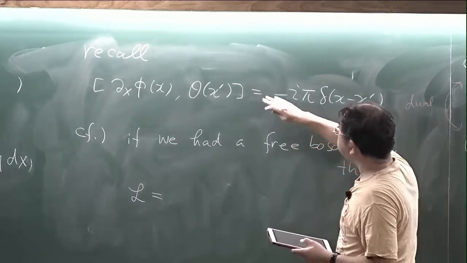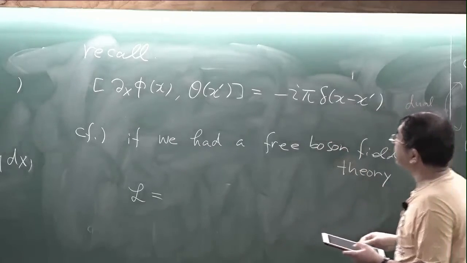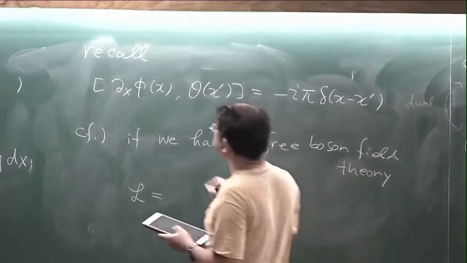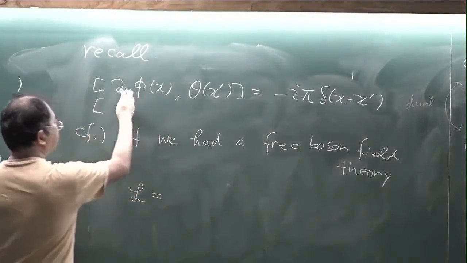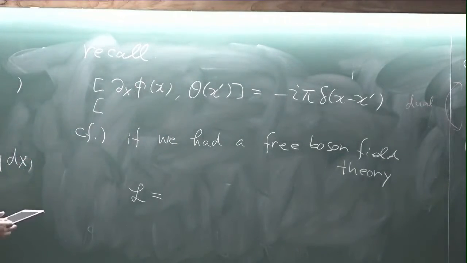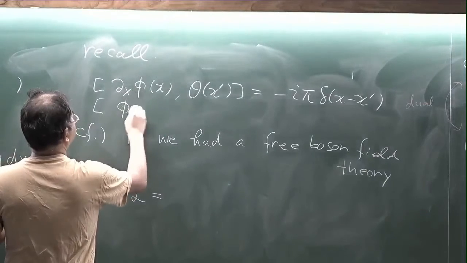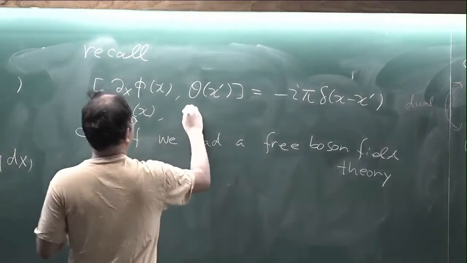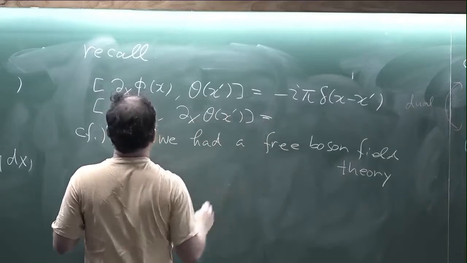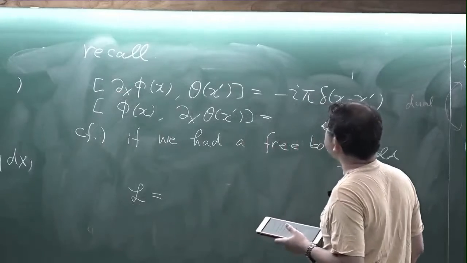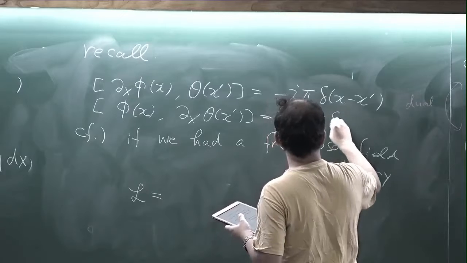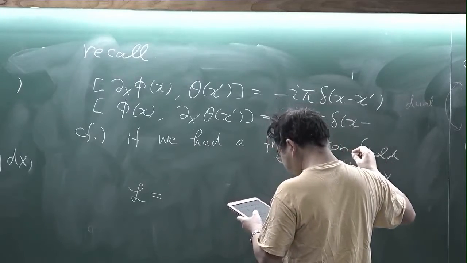Okay, so well, I can start from this one, but this commutation relation is also equivalent to, you can apply this derivative to the theta field as well. So this can be written as, sign is wrong.